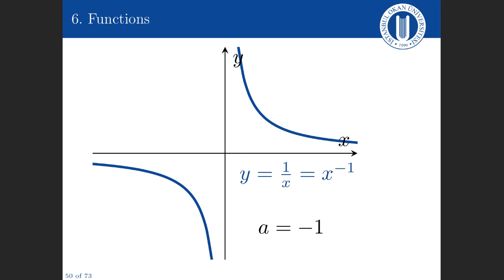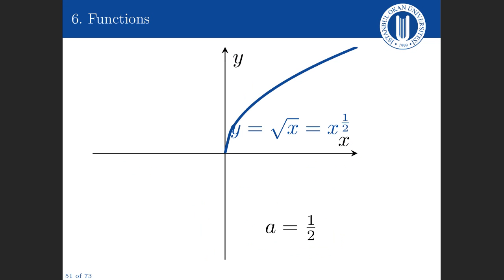We might have negative numbers. For example, x to the power minus 1, which is the same as 1 divided by x, like this. Or we might have fractions. X to the power of a half, which is the same as the square root of x, looks like this.